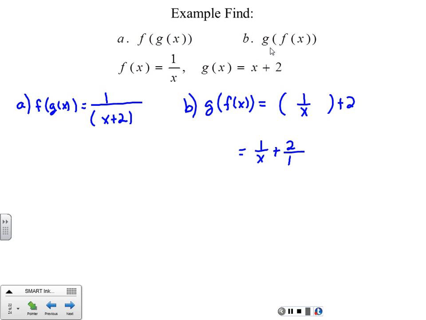Common denominator is going to be X. So the first one's not going to change, is it? The second one, I have to multiply the top and the bottom by X. And then you can put them together over the common denominator. So that would be the answer for that one. So when you do these compositions, do your substitution, and then do your algebra, and then simplify it again.